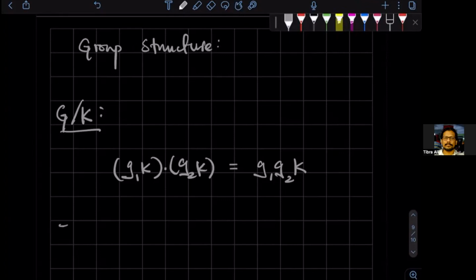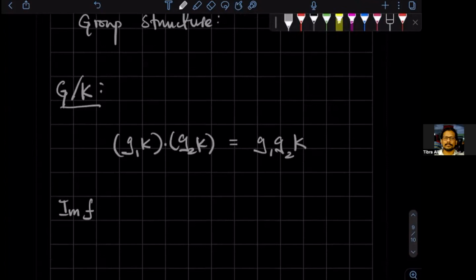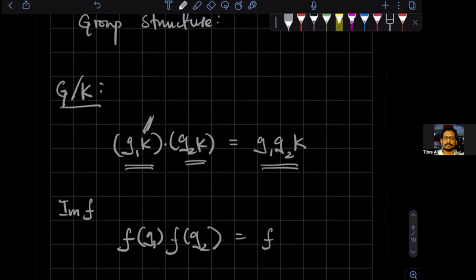And on the other hand, in the image of f, this thing maps to f of G1, right? Because whatever representative we take from this is just going to give you the identity there. And this thing similarly maps onto f of G2. And this thing maps onto f of G1G2 according to our map.